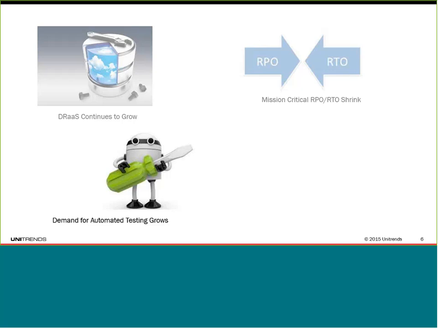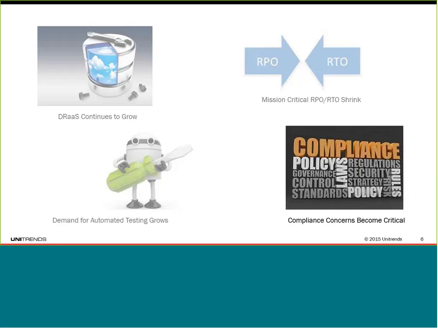So what's happening is we're moving towards a recovery assurance where you can automate testing, you can validate the RTOs and RPOs and ensure that those interdependent applications spin up in the right order and test it on a monthly basis so that you can ensure that it will recover when you need it to recover.